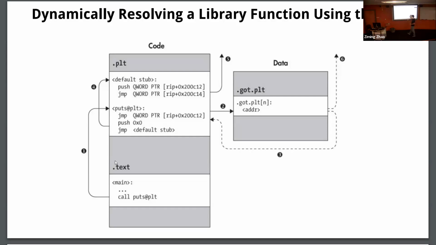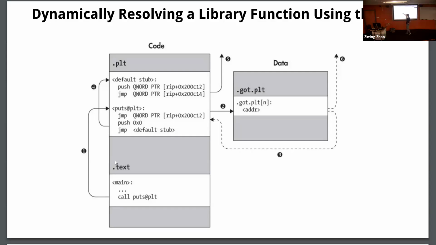Here, let's say this is printf or puts. This is the first time you make this function call to puts, so the program doesn't really know where the function address is. Instead, it will jump to this PLT table, which you didn't program, part of the C library. This table will try to find the address of puts in a table.